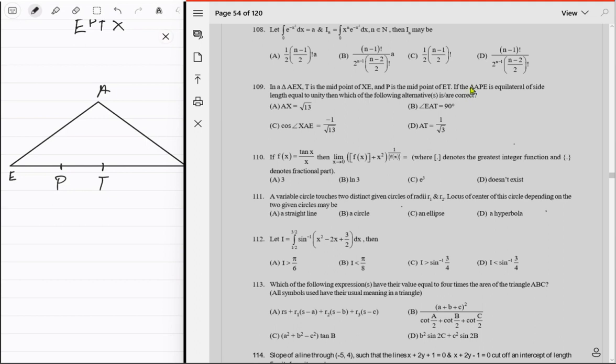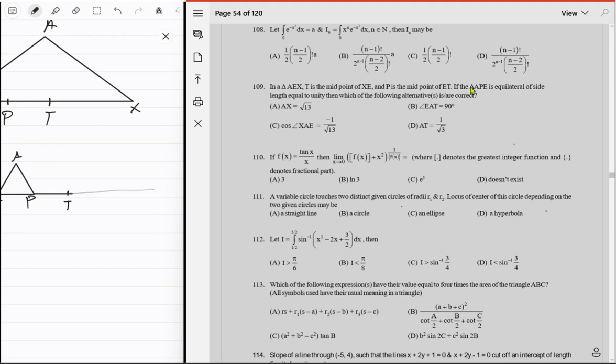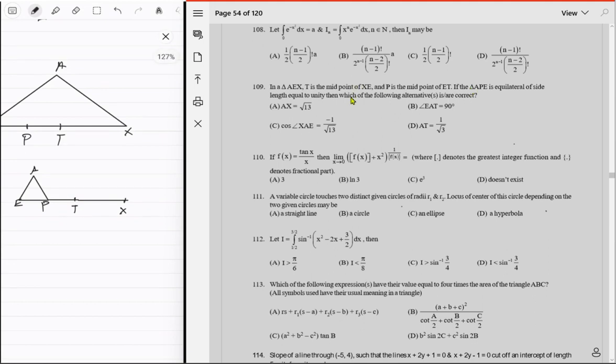If triangle APE, which is this triangle, is equilateral... ट्रायंगल को ड्रॉ करना पड़ेगा. एक तो ये अपना है ट्रायंगल AEP, then this thing is T over there, और यहाँ पे कितना भी x आएगा. Okay, got it. करना है अपने को.